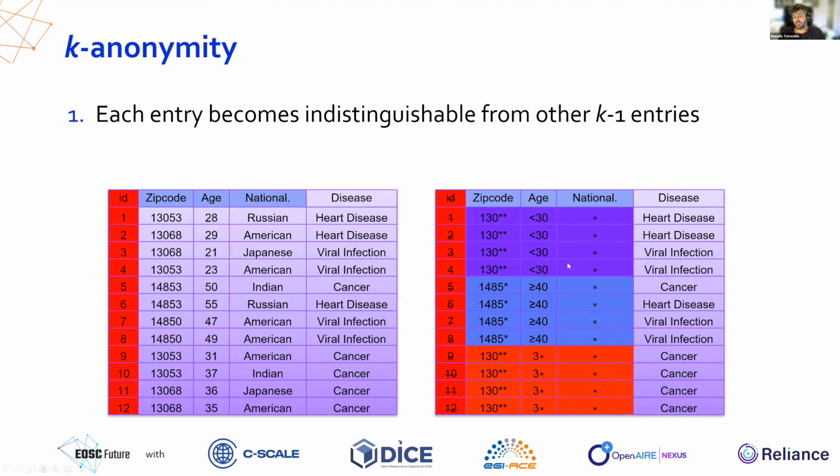And then a third person cannot identify fewer than K records as candidates for a person about whom she or he knows this descriptive information, the zip code, the age, and the nationality. So it provides a guarantee that it protects the personal information, even if a third party has knowledge about a person from another source.